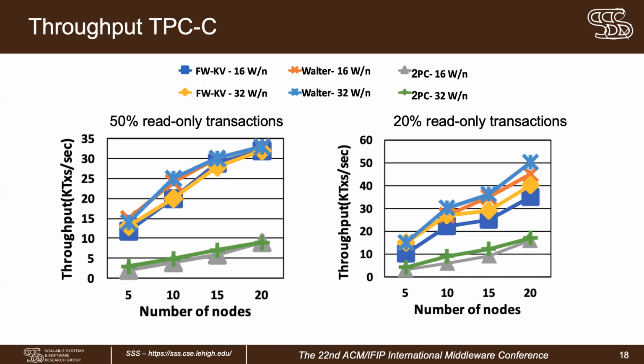Because of this, we observed better performance for the PSI competitors. Using 50% read-only transactions, there is only a 5% gap between FWKV and Walter. And when we have an update intensive workload, meaning 20% read-only transactions, the maximum gap is 20%.